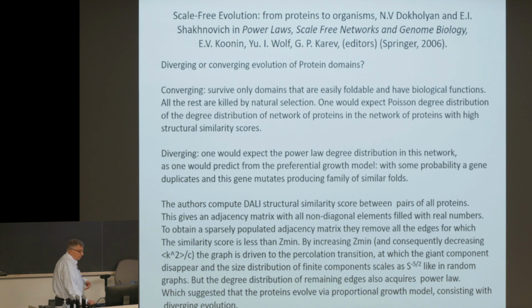But on the other hand, there could be a model of divergent evolution, which is again this model of proportional growth. With some small probability, a gene can be duplicated, and so now you have two genes for the same protein.